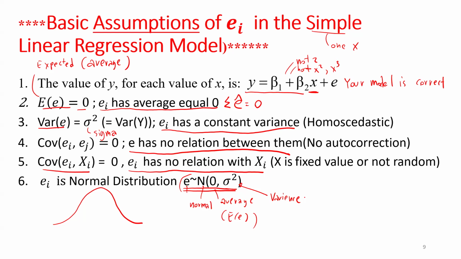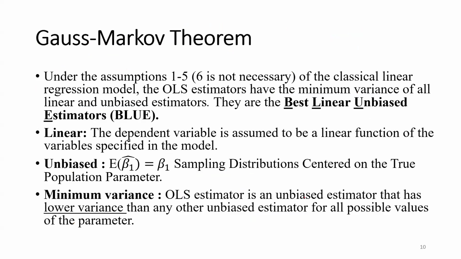And then here comes one econometrician called Gauss-Markov theorem. Gauss-Markov theorem said that under the assumptions 1 to 5, 6 is not necessary, so error didn't require to be normal. Under assumption 1 to 5, the OLS estimators have the minimum variance of all linear and unbiased estimation.